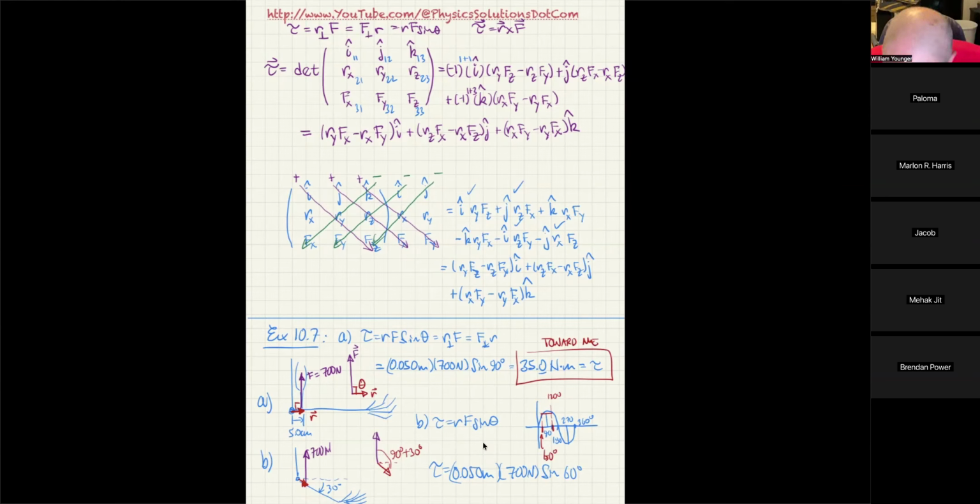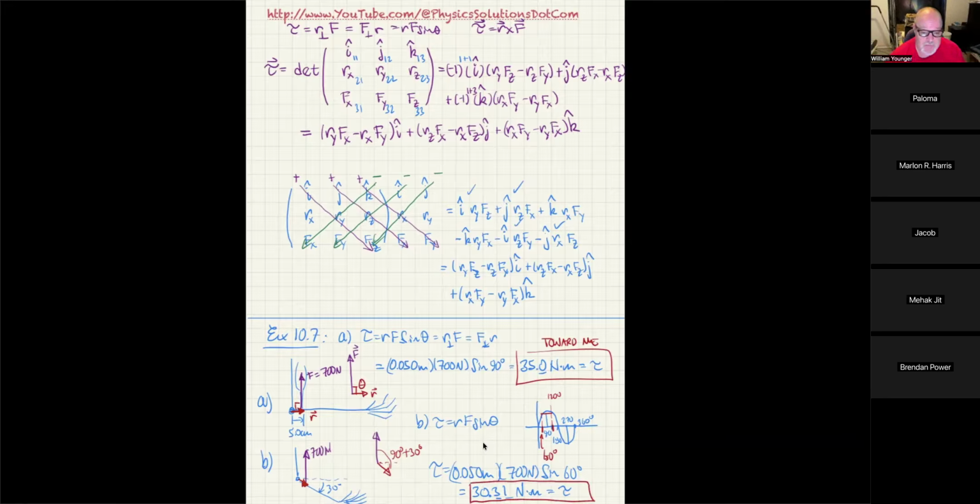I wanted to show you that the reason why you can use 60 is 60 and 120 are the same angles, at least from a standpoint of a sine output. So now I say 0.05 times 700 times sine of 60, and that gives me 30.31 Newton meters is equal to torque for part A. I mean, for part B.